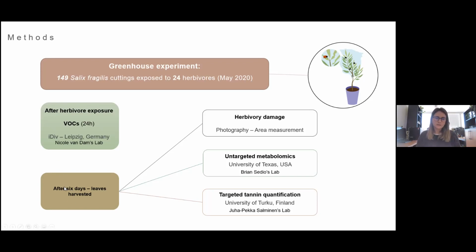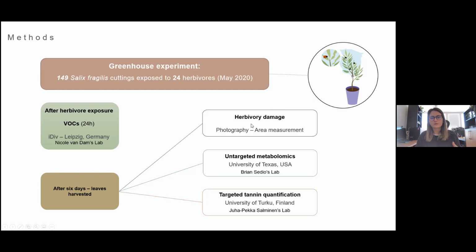And we also let the plants in the greenhouse for another 6 days, because these other types of defenses, the leaf chemistry, usually takes longer to accumulate. So to be able to properly measure these defenses, the plants were left in the greenhouse for this time period, and then we took each individual plant and we harvest all the leaves that were inside the bags where we place the treatments.